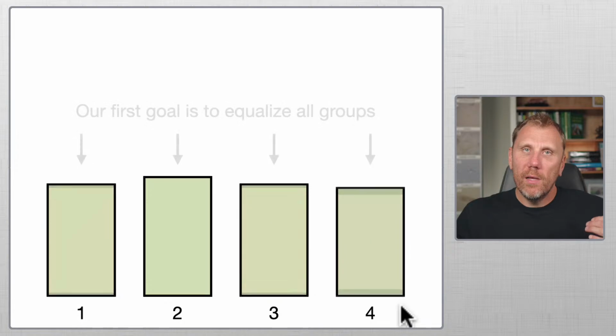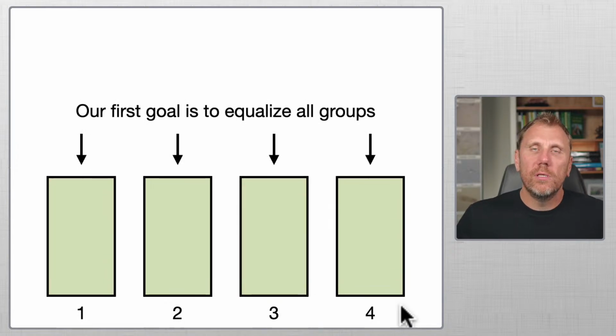So the first goal that we teach in the soil balancing class is to equalize all groups. In my professional consulting experience, making the mineral chemistry of all sample sets very similar to each other from a balance and from a mineral content tends to magically reveal 30 to 40% increase in productivity.